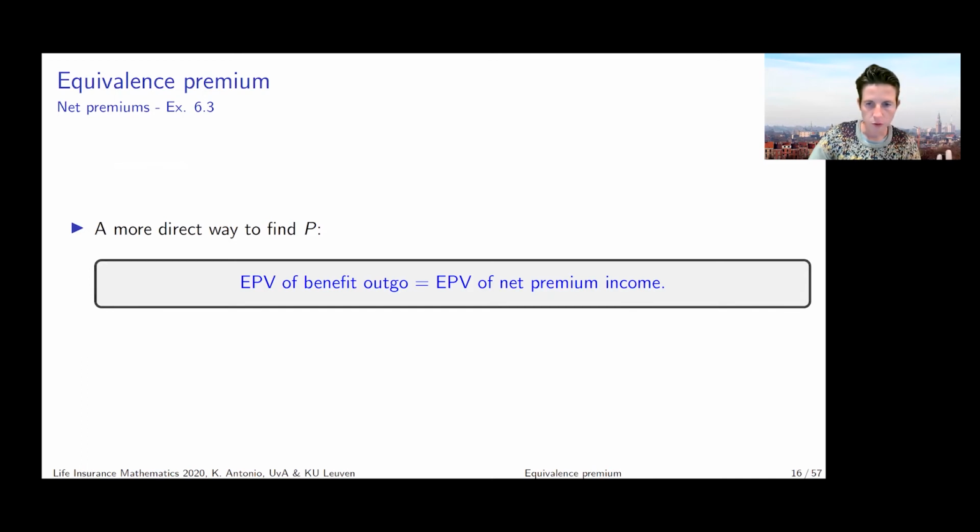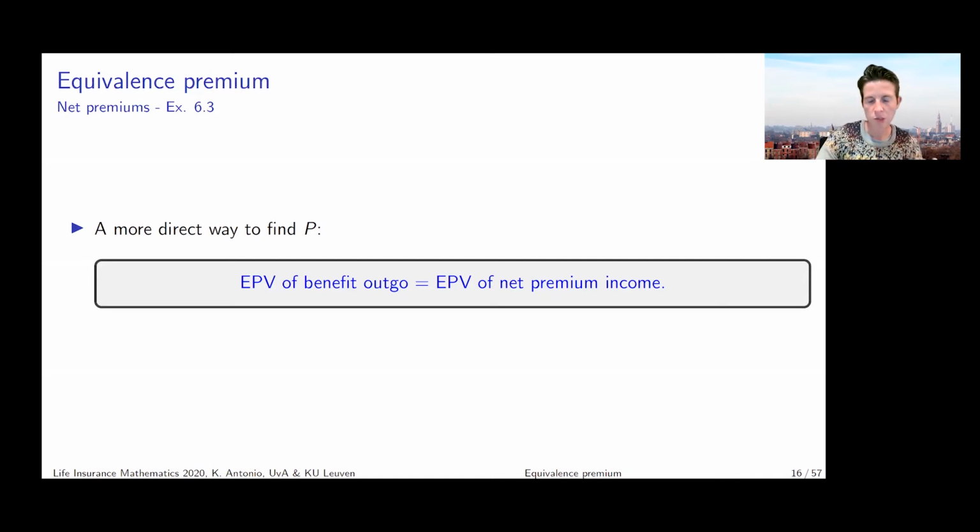What I want to say as well is, before we step to the summation formulas, we went here for the hard way to calculate the P, in the sense that we explicitly wrote down the future loss random variable. We explicitly calculated its expected value, put that equal to 0, and solved for P, right?